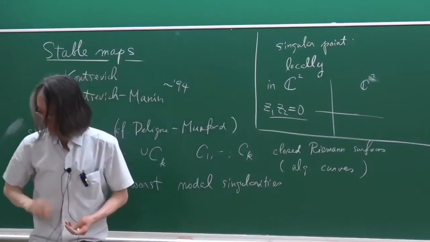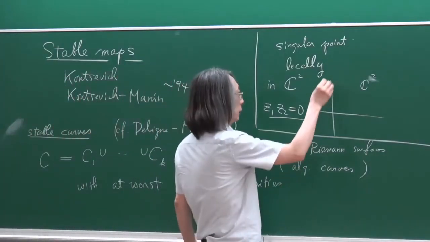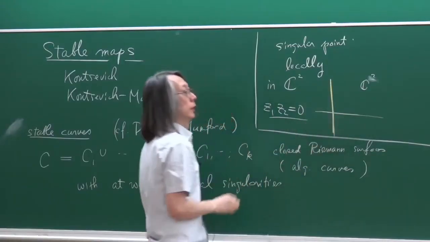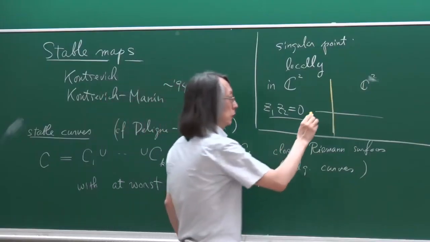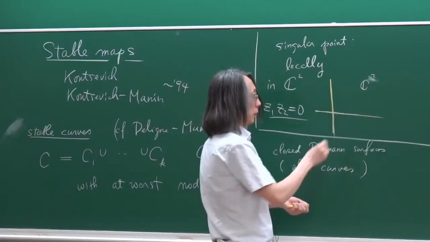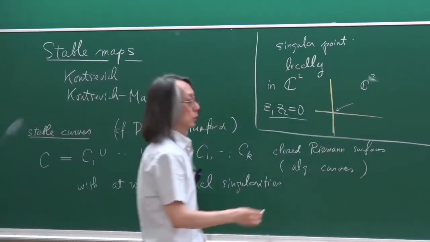This is the allowable singularity. If z1 equals 0, you have this line, right? z2 equals 0 gives you this line. And this is a singular point we allow. So this is a nodal point.